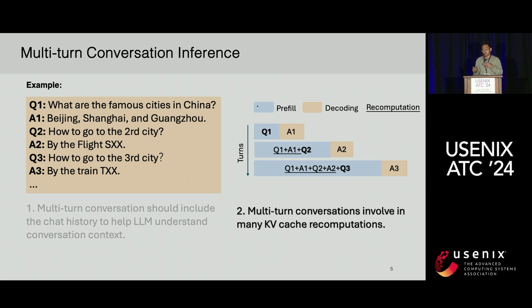But due to the limitation of the GPU's HBM, after serving the first turn question, the GPU needs to discard the K cache because it needs space to serve other questions. So in the second turn question, the GPU needs to recompute many tokens, many K caches. This is not efficient in multi-turn conversation inference.